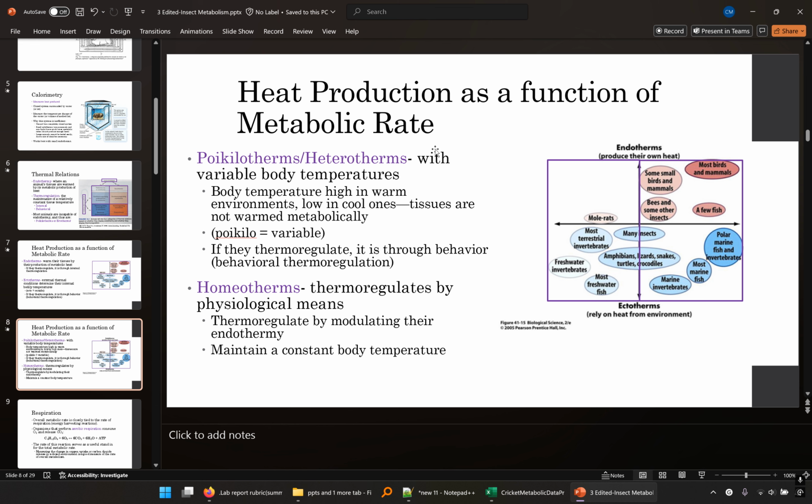Because of that, it's going to have a reduced metabolic rate at a lower temperature and an increased metabolic rate at a higher temperature, just because it can't actually regulate and stay at its normal body temperature across time.